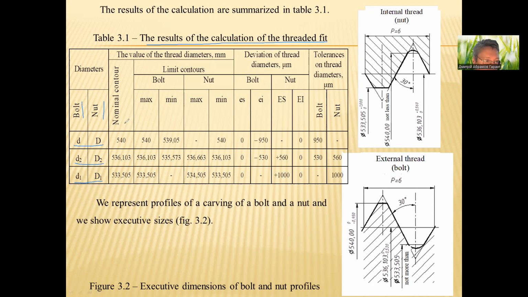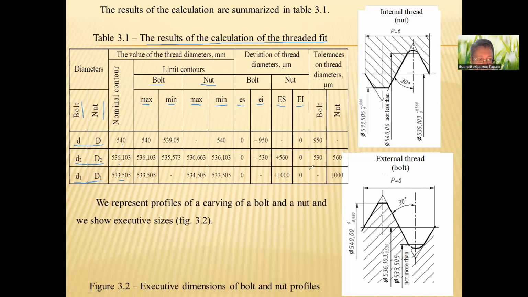Nominal contour, nominal diameters, limit contours of the bolt and of the nut, maximum and minimum, deviation of threaded diameters, small es and small ei for the bolt, and big ES and big EI for the nut, and tolerances of threaded diameters. All these parameters you can take from the previous slides.